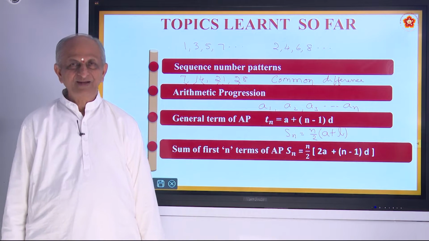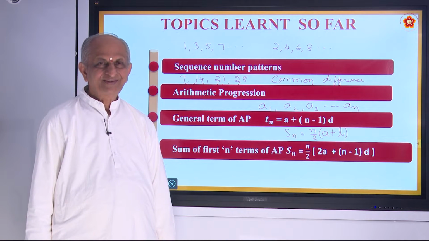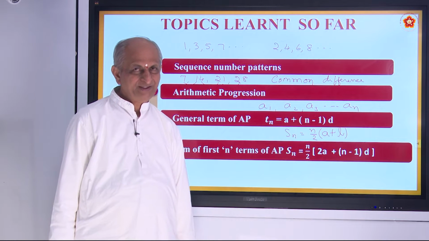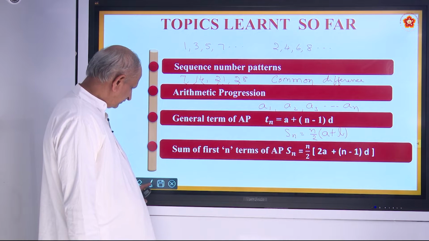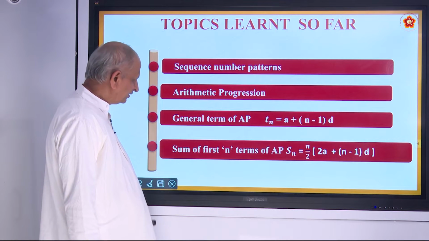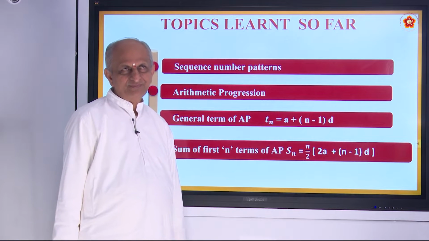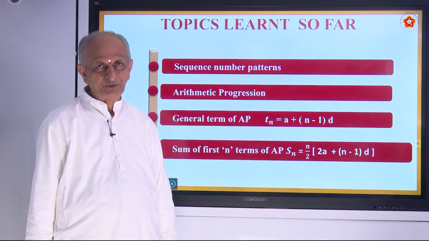Who gave this formula? Yesterday I told, no? Louis Gauss, a German mathematician, who was asked in the class to find the sum of the numbers from 1 to 100.